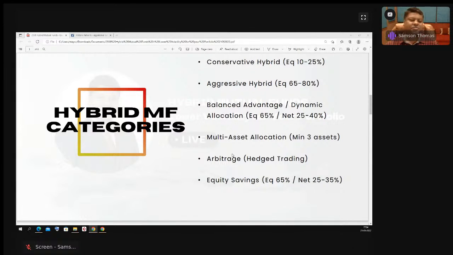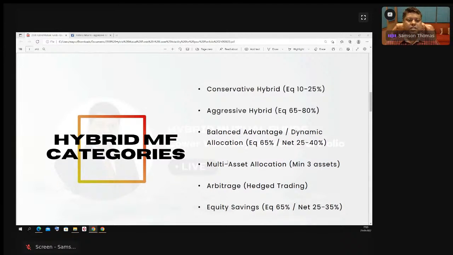Then last of all, we have the equity savings fund. Again, the equity portion here is 65%, but the net equity exposure is brought down to 25 to 35% by hedging the portfolio to that extent.